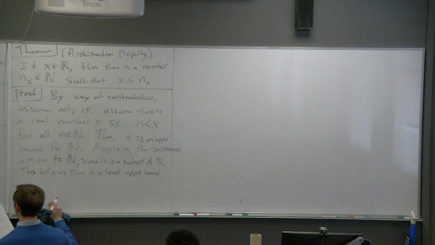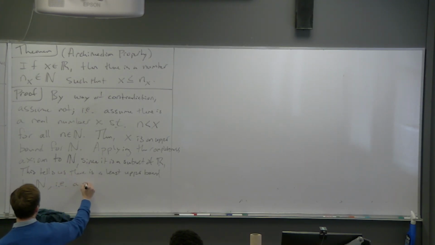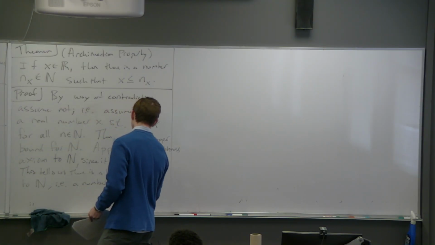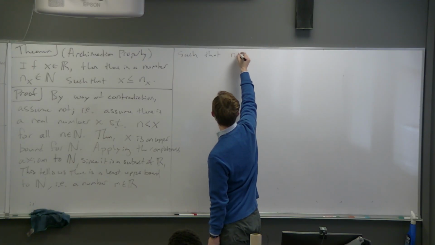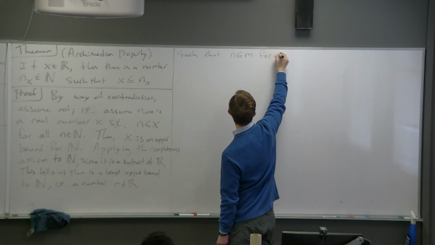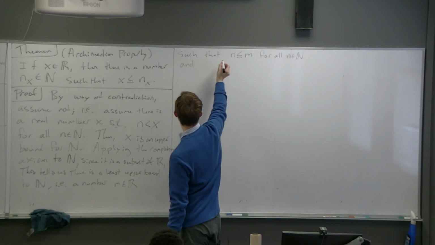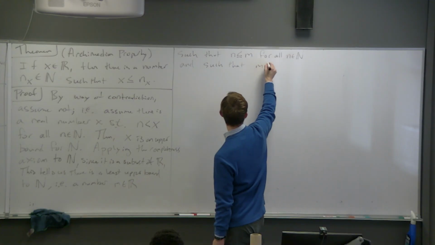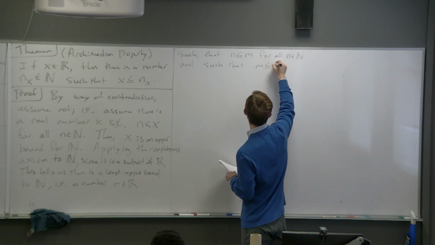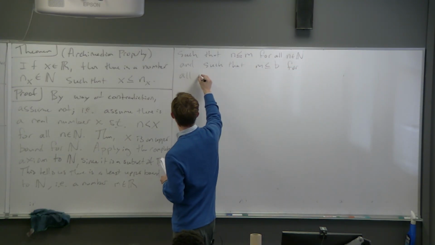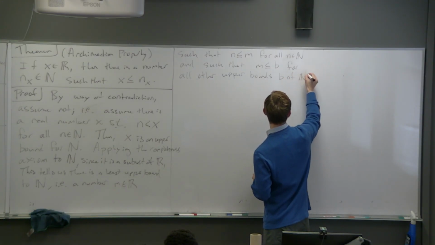This tells us that there is a least upper bound to the naturals, i.e., a number m in the reals such that n is less than or equal to m for all n in the naturals, and such that m is less than or equal to, I'll say B, for all other upper bounds B of the naturals.